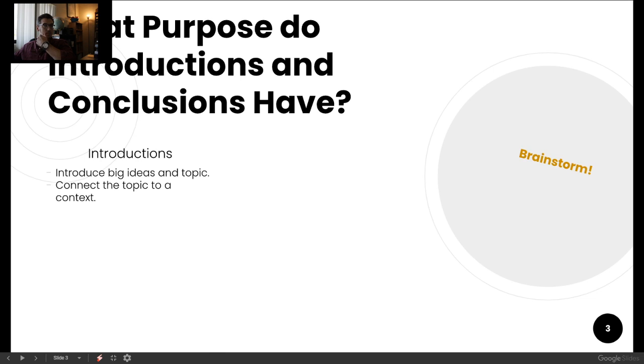So secondly, connect the topic to a context. When I say that, I don't mean that you create the context. In my mind, I picture the introduction as a way for you to connect the reader to the context of the story and a context that they're in. So, for example, the essay we're going to read in a little bit has to do with feminism. Everybody today lives in a context where they have an idea of what feminism is.